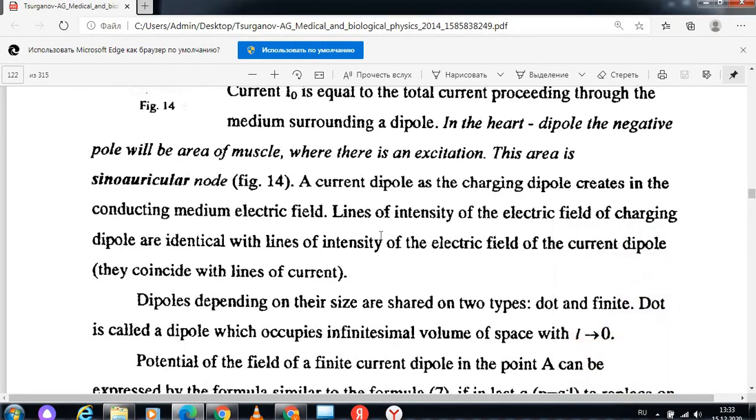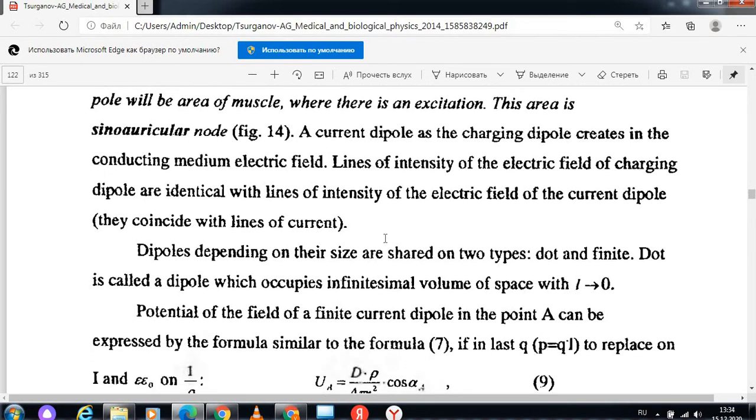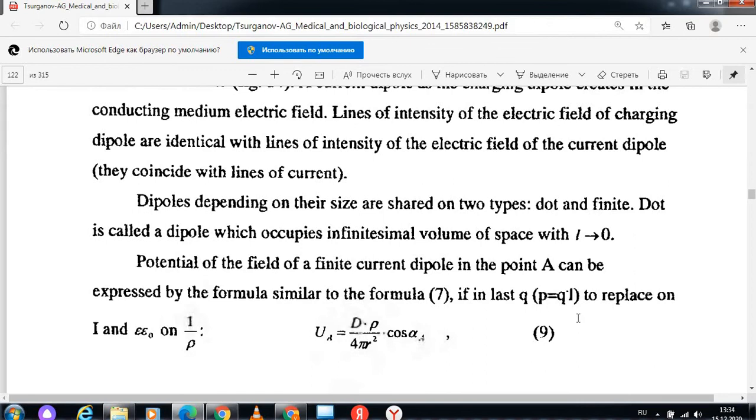The potential of the field of a finite current dipole at point A can be expressed by a formula similar to formula 7. Don't forget that the dipole moment P equals the product of the charge Q and the arm of the dipole.